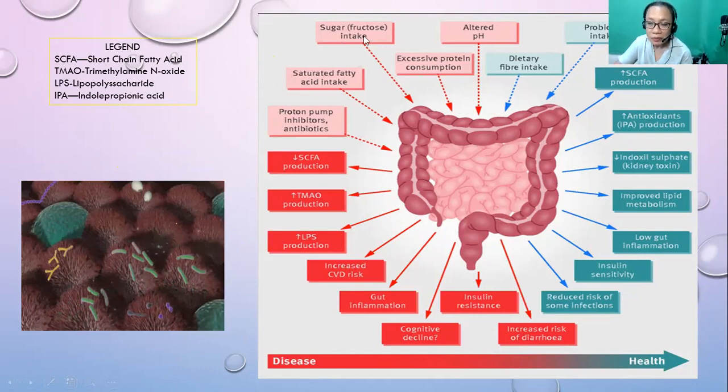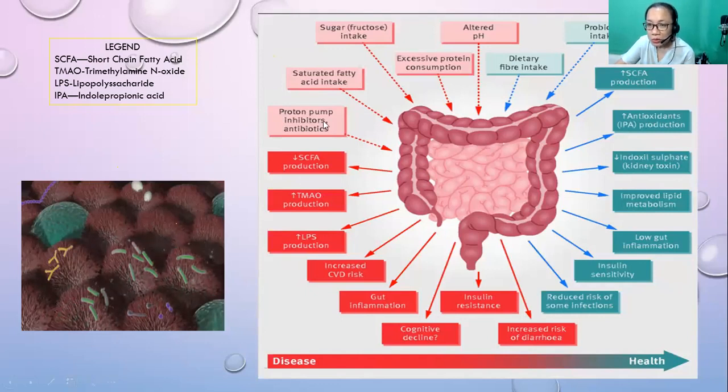Sugar intake, especially fructose, or this sugar is the main ingredient of most of the artificial sweeteners, and its alternatives can also pose danger to the human microbiome. Saturated fatty acid intake, ito yung mga fats, okay, mga trans fat, yung mga bad fats na kinakain natin.